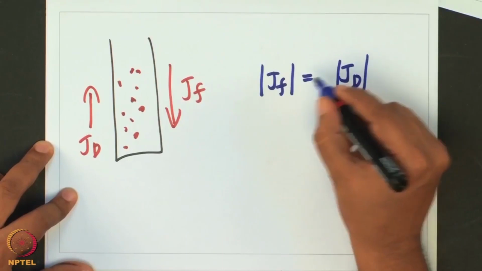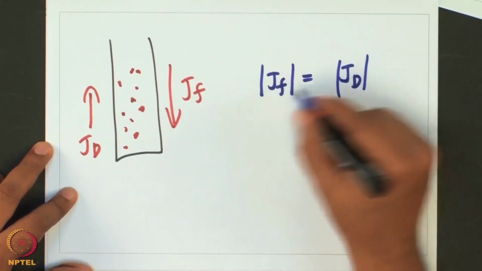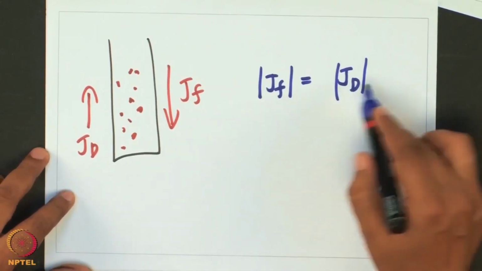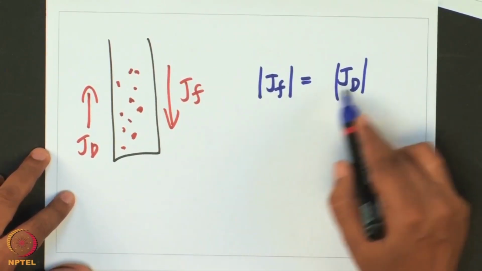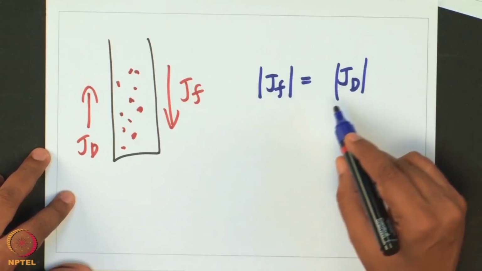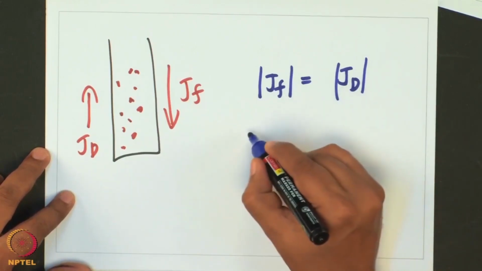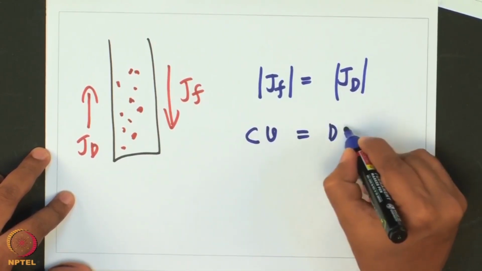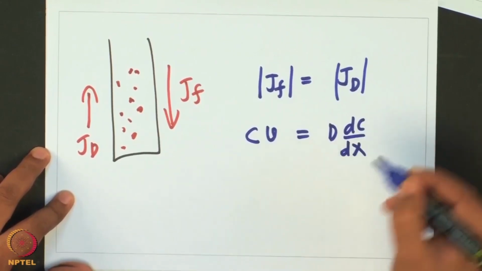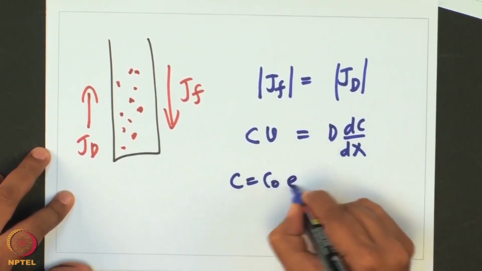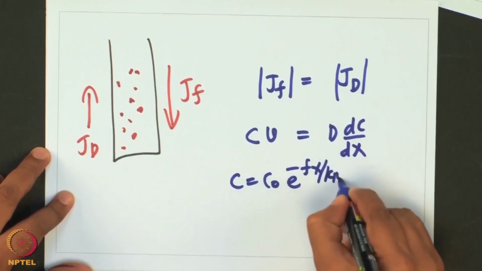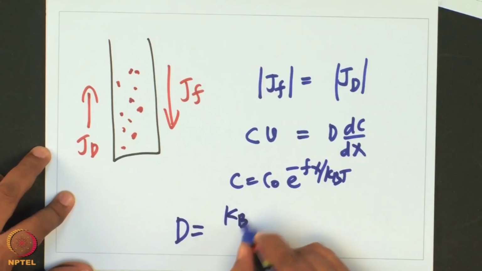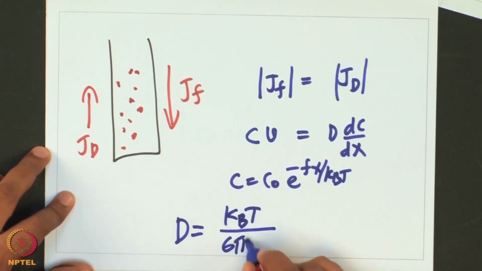By equating Cv to dc by dx, where C is equal to C0 e power minus fx by kBT, we got the relation D is equal to kBT by 6 pi eta a.